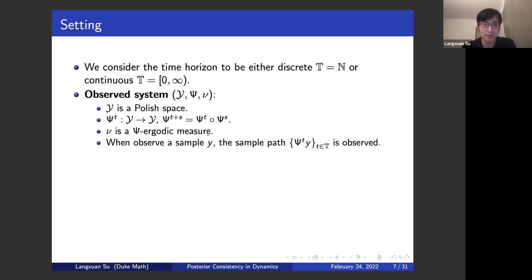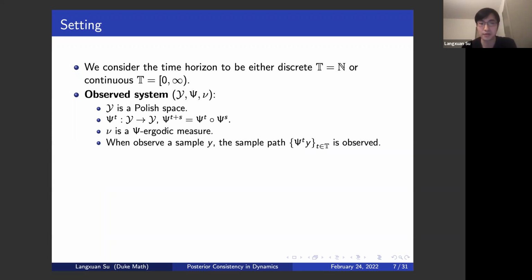We make this assumption of ergodicity just to have the interpretation that if you want to observe some statistics from just one trajectory, then ergodicity is natural, because when you have an ergodic measure, then almost surely any trajectory will capture the average statistics of the system.